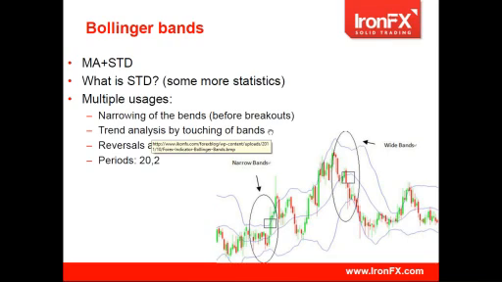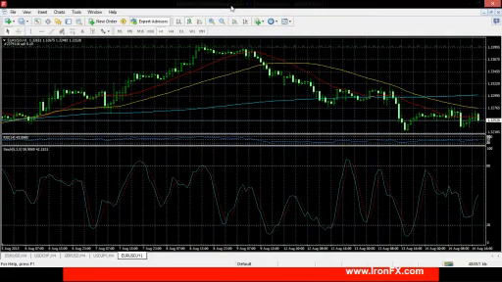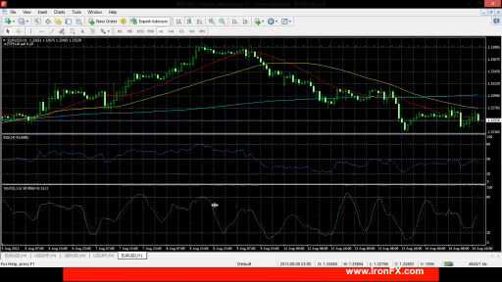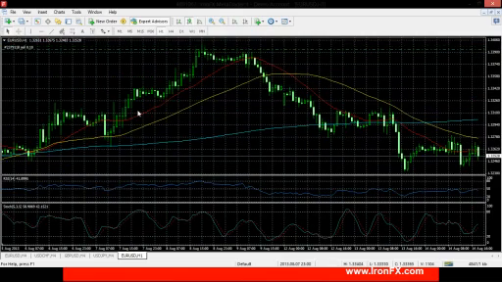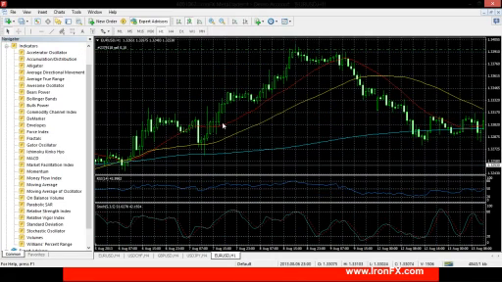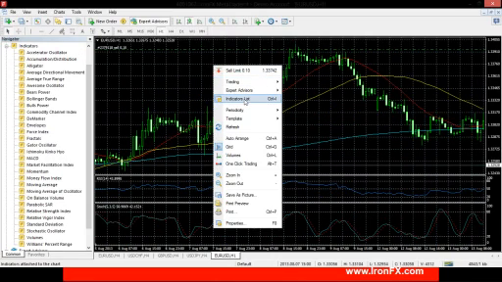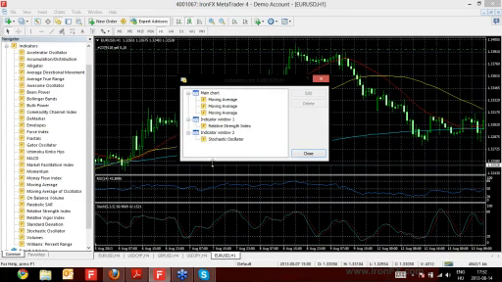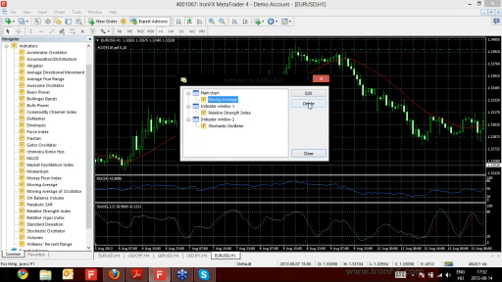Okay, and now I'm going to show you how to put it on the chart. I'm going to clean up a little bit because there are lots of indicators here. Right click on the chart, go to the indicator list, highlight the moving averages, and delete them one by one like this.